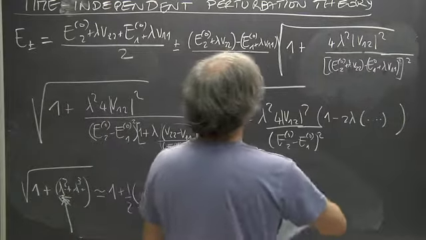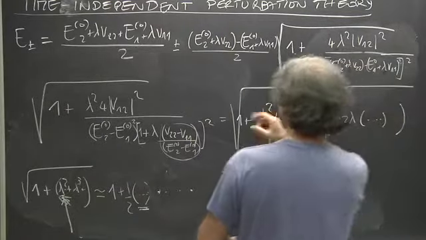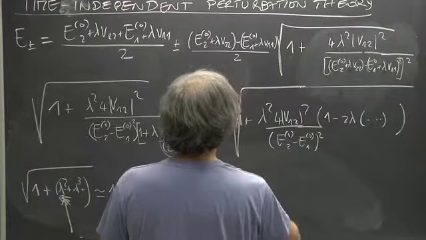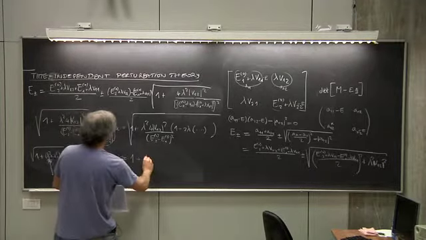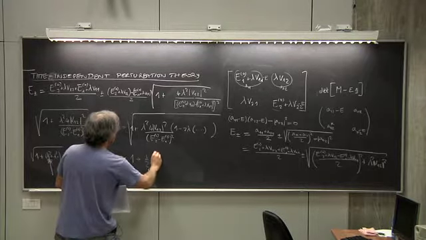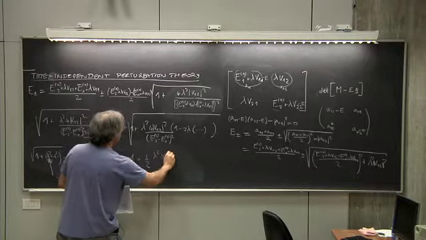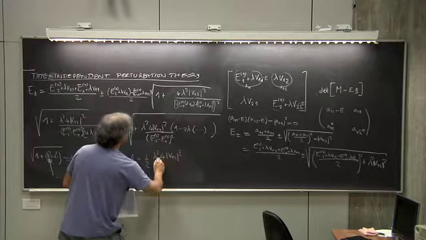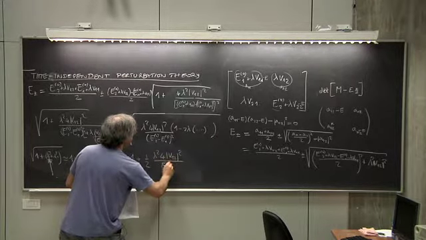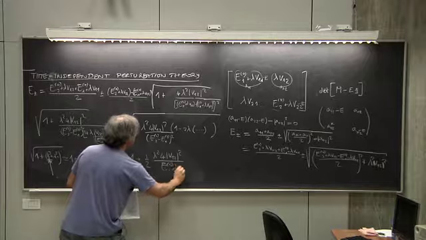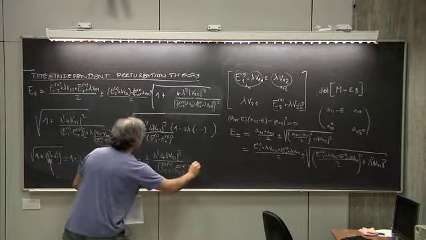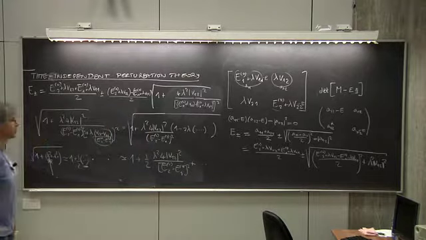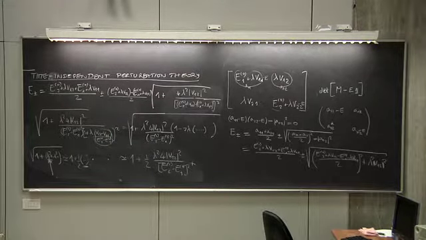So to summarize, this thing would be just equal to 1 plus 1/2 lambda square |V12|square divided by the difference in the two energies squared, plus smaller things. Hopefully this is clear to everybody.